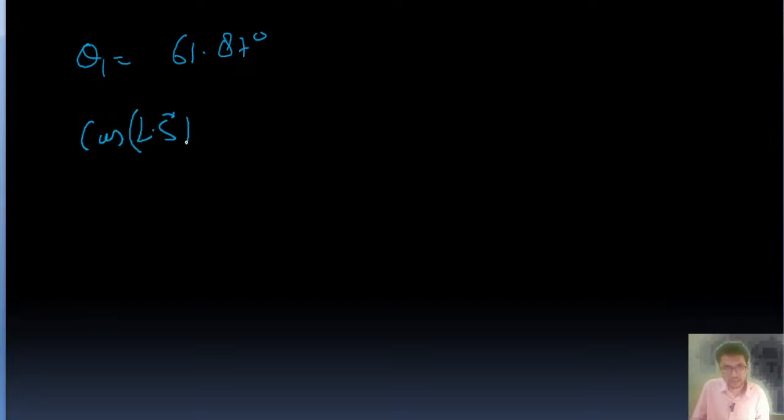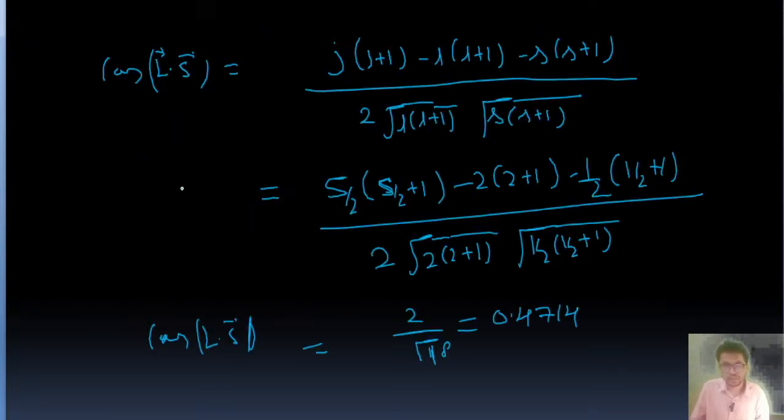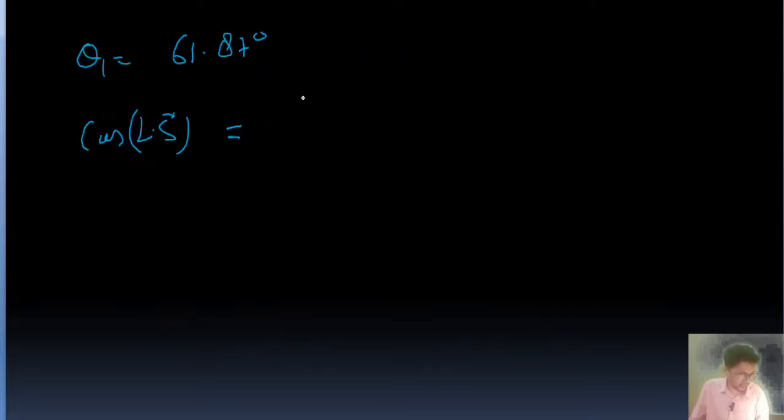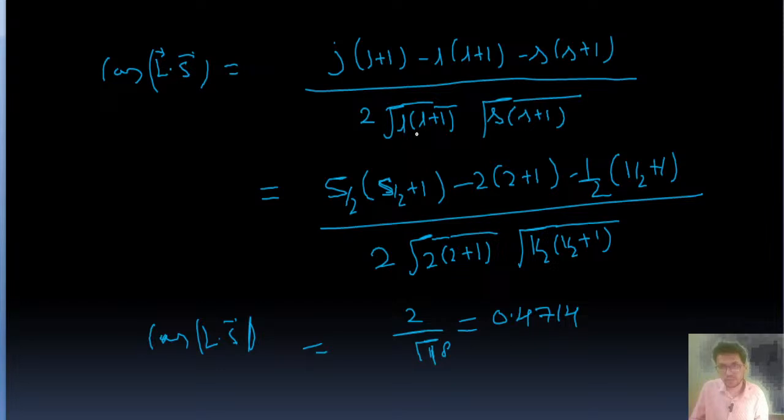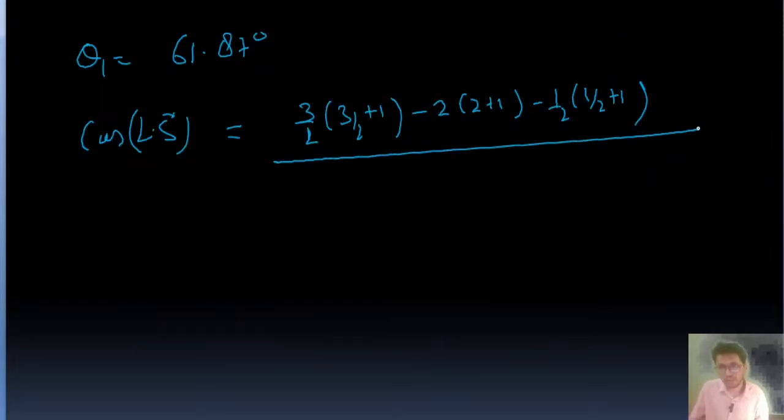Okay, now we'll find cos L dot S for j equal to 3 by 2. So again, we'll put the formula. I'm writing directly. So this is going to be 3 by 2 into 3 by 2 plus 1 minus 2 into 2 plus 1 minus half into half plus 1, upon 2 into root 2 into 2 plus 1 into root half into half plus 1.